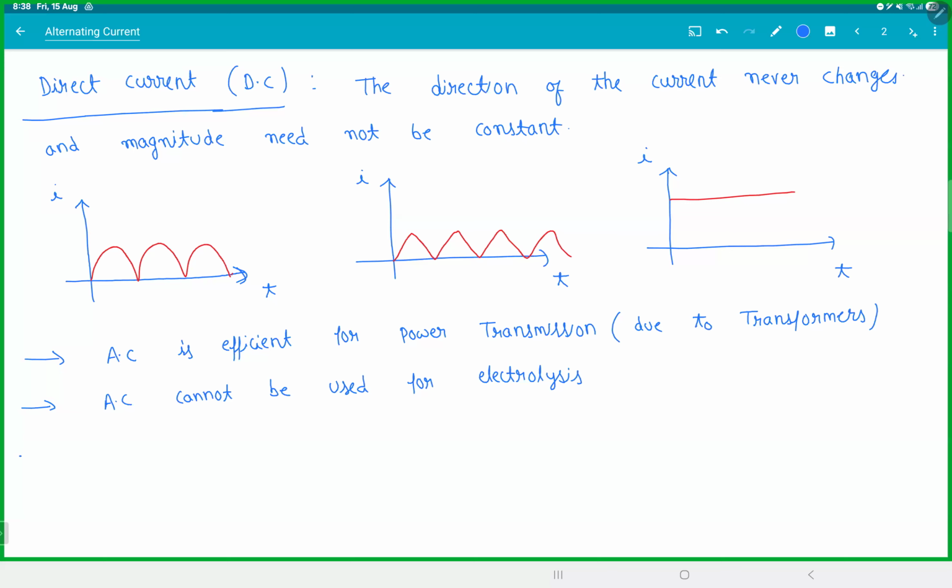AC also has another small issue. AC current actually flows on the surface of the wire. It doesn't flow inside the wire. This is called the skin effect.